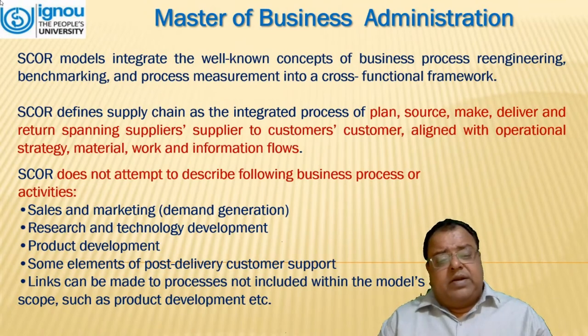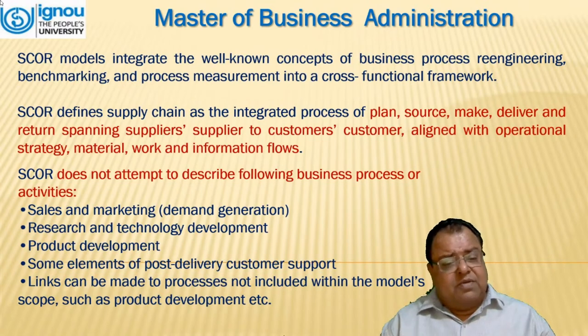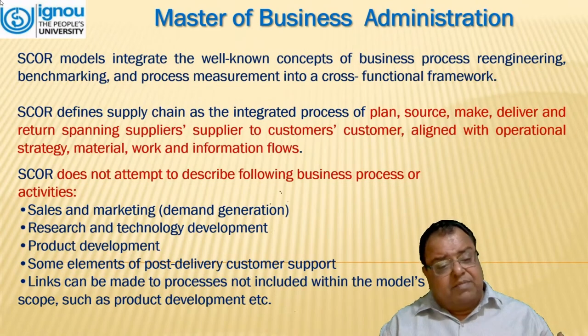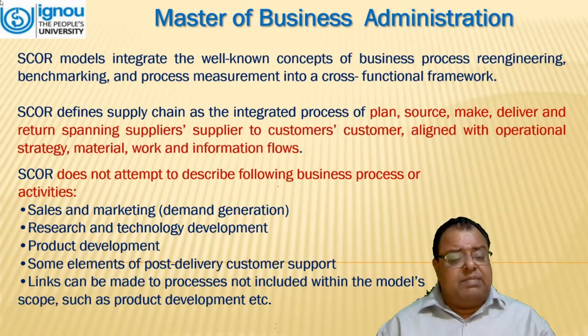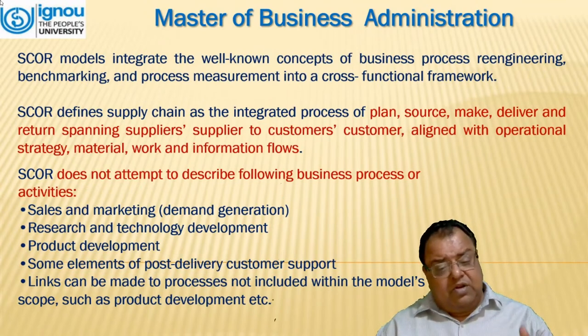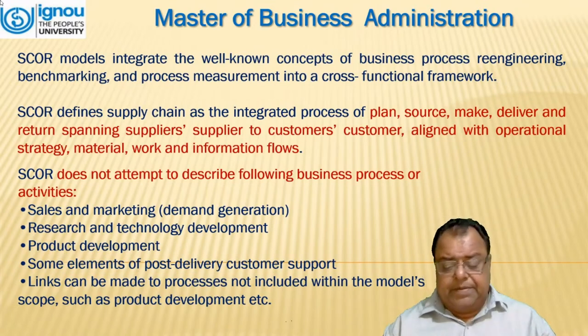SCOR does not attempt to describe the following business processes or activities: sales and marketing, research and technology development, product development, and some elements of post-delivery customer support. Links can be made to processes not included within the model scope, such as product development, etc.